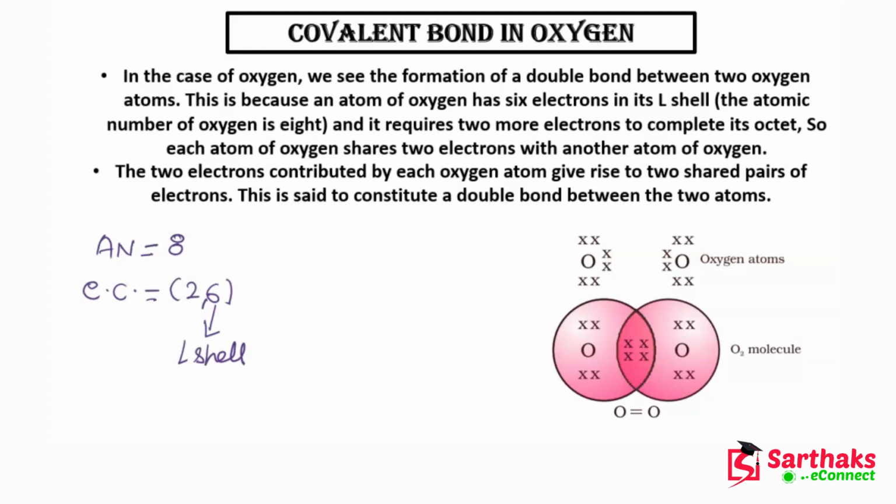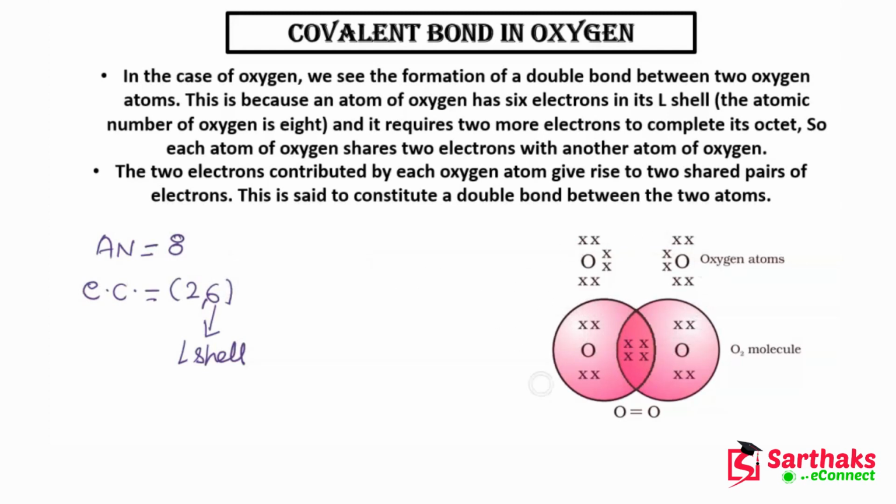Okay, now guys, what will happen if this oxygen atom wants to complete its octet? Then it requires two more electrons. So to complete its octet, what will this oxygen atom do? It will share its 2 electrons with another atom of oxygen.